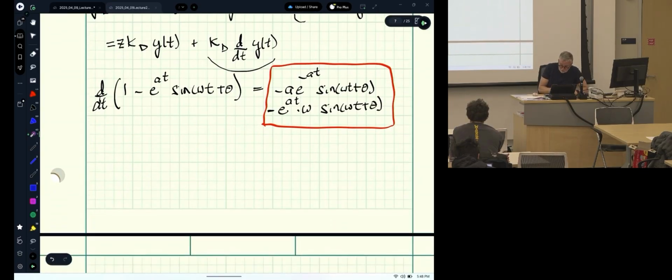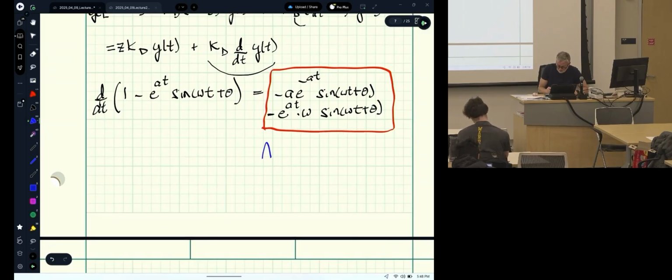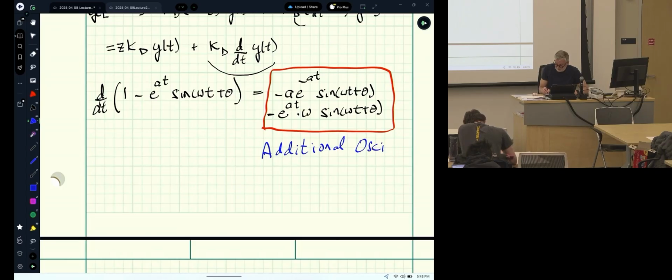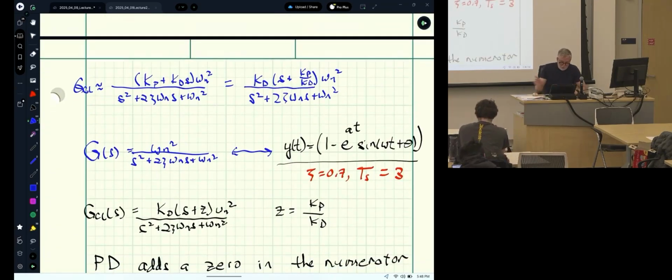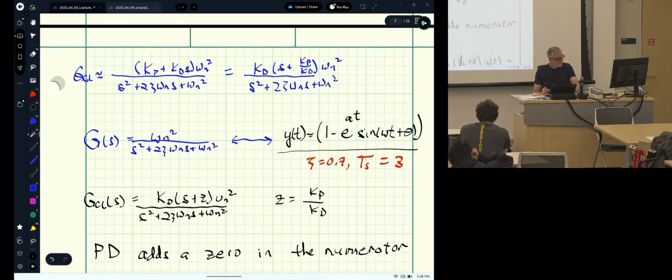Okay, so this is the additional oscillations. Okay, so that's from, darn it, you know, the PD controller, it let us tune the poles, but it threw a zero at us. And that's the problem.